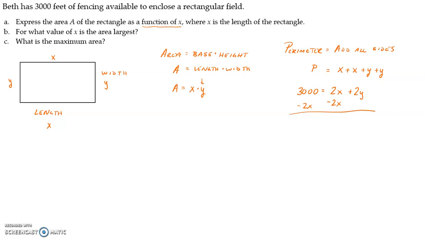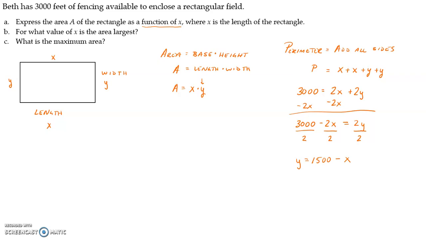That's going to give us 3,000 minus 2x equals 2y. And now we can go ahead and divide both sides by 2, which means we're going to divide each term here by 2. So our y value is going to equal 1,500 minus x.